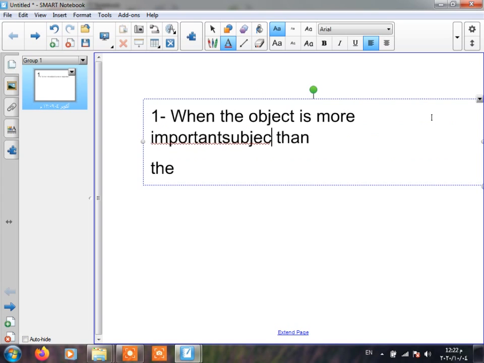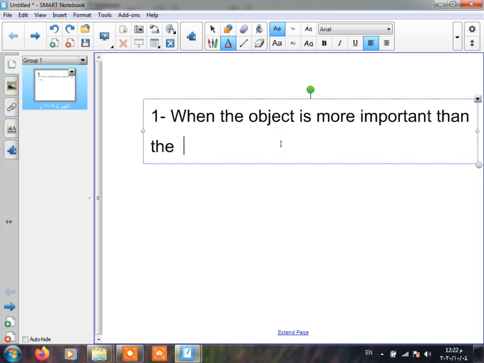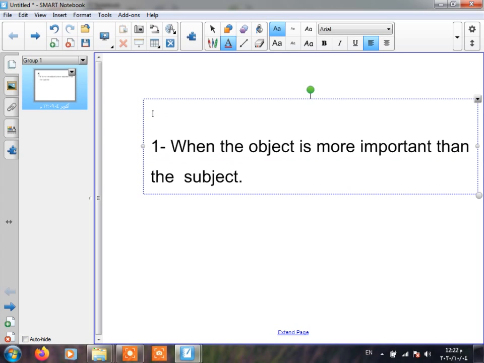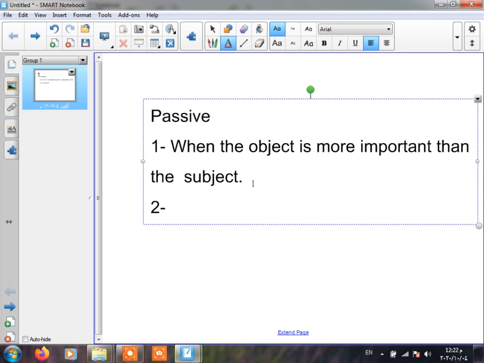That's the first thing. So the first thing we use the passive for is when we want to describe a sentence in which the object is more important than the subject. The second thing we use the passive for is when we don't know the doer of the action.